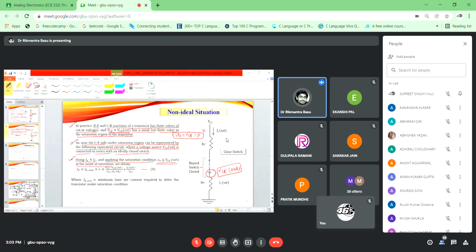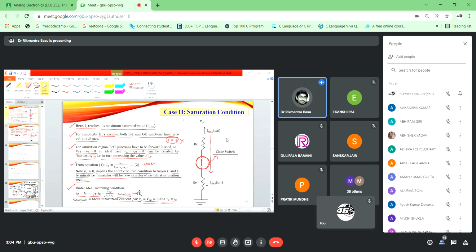At the onset of saturation, we obtain IB, the minimum base current, as VCC minus VCE SAT by HFE into RC plus RE, or IC SAT by HFE. You just plug it into equation 1, the initial equation, and substitute these conditions, and you get the minimum value of IB, which is a modified equation from the ideal equation we carried out as equation 2.